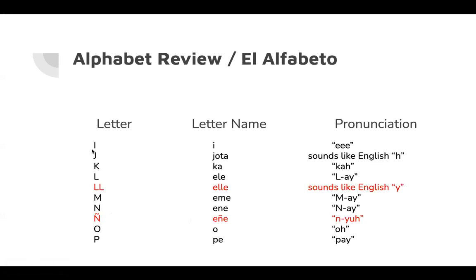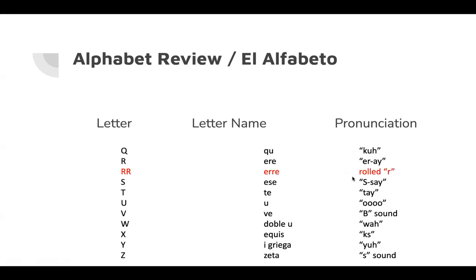Then the letter I, the letter name is I, and it's pronounced E. J, the letter name is Jota, and it sounds like the English H. You see when I said the letter name, I said Jota, but the J is pronounced like an H. Then K, the letter name is Ka, pronounced just like that. L is LA, and you see I have that there.